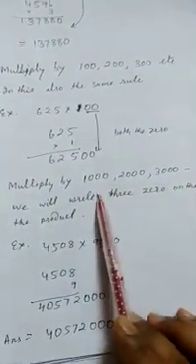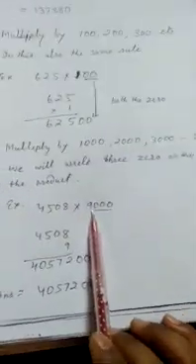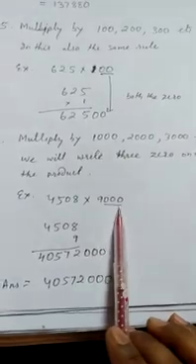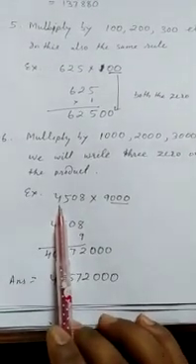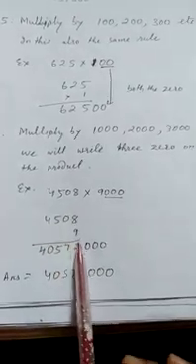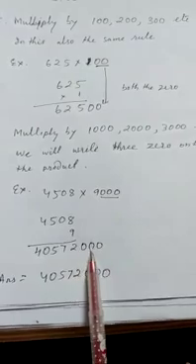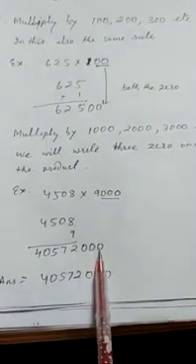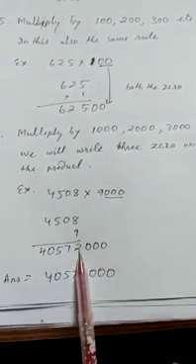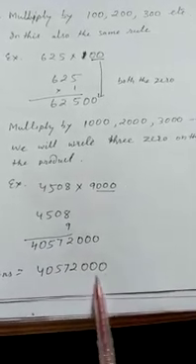Suppose I have multiplied with 9,000. By the 9 I have multiplied the whole number, and this much came as the answer. Then at the last, these 3 zeros I have written at the back of this number, and the whole answer is now this one.